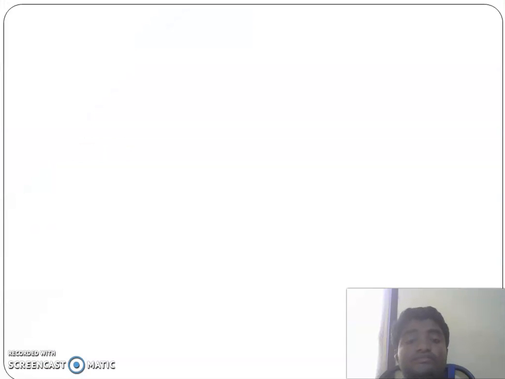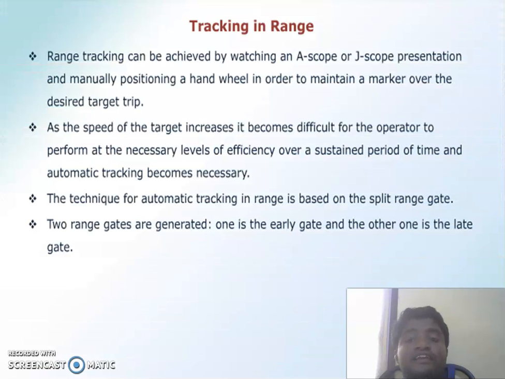And the next concept is tracking in range. For most tracking radars, they continuously track both range and angle. The range can be tracked by using an operator who continuously monitors the A scope or J scope presentation and positions the hand wheel in order to maintain the marker over the desired target pip.